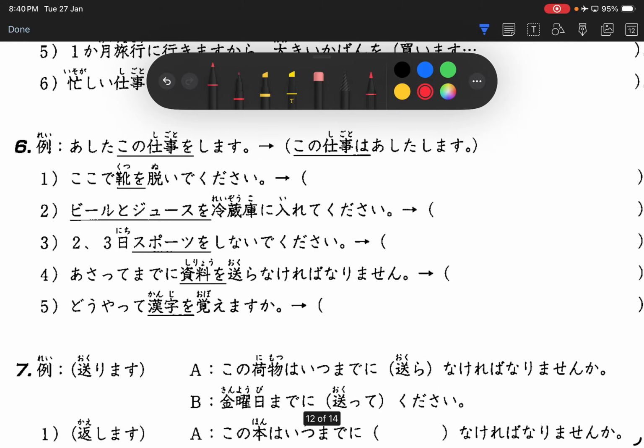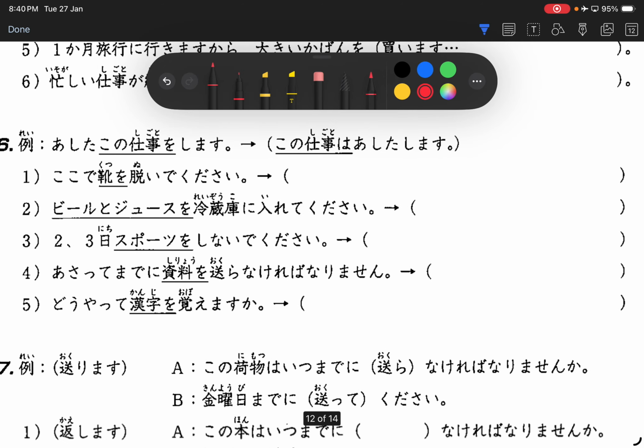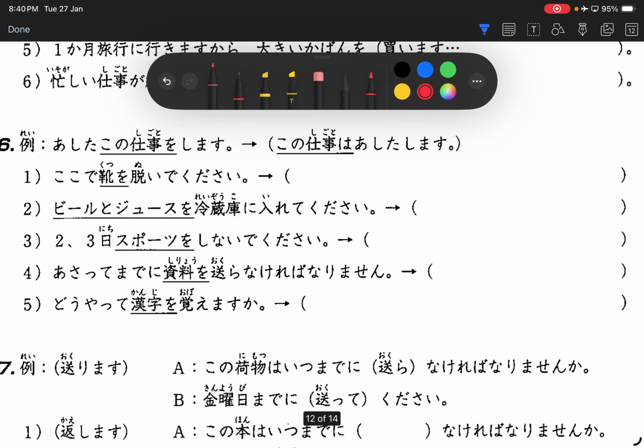What do they actually want? But anyway, your sentence is correct. My sentence is also correct. Oh, they want to rephrase. Yours is more of a rephrasing.